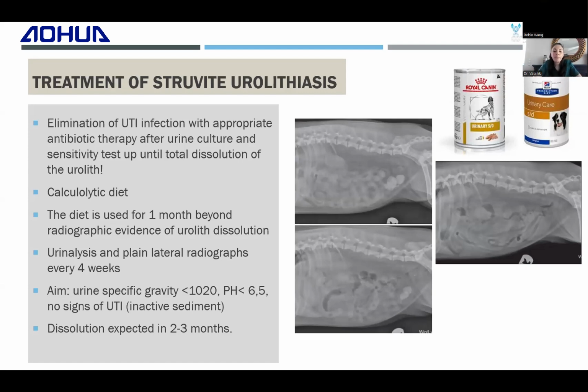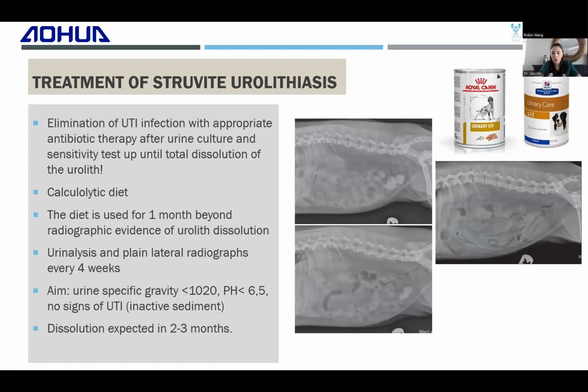Okay, how do I do the follow-up examination? And you see here that we have this patient, and after a month period, the bladder is empty, no uroliths. Okay, and this dog actually was saved from an operation, which is not a very complex operation.